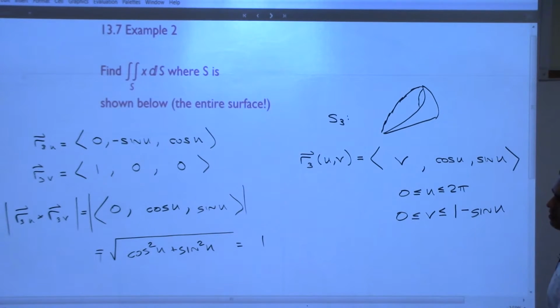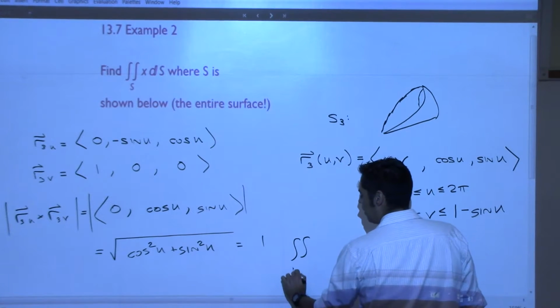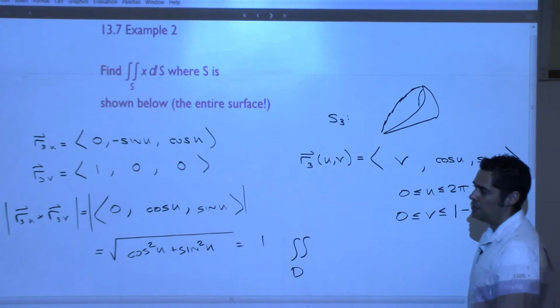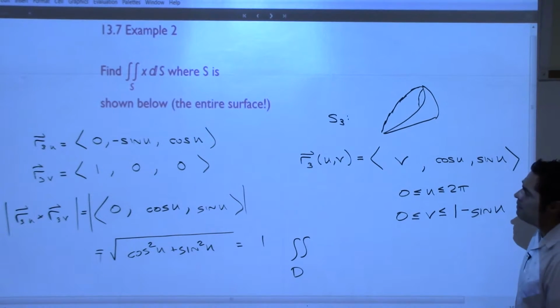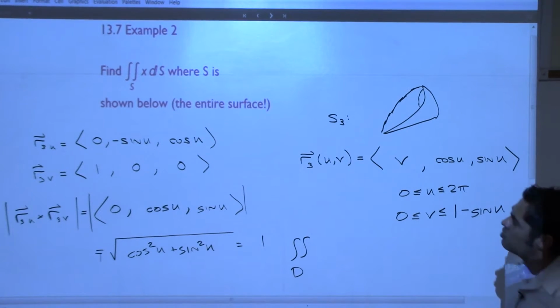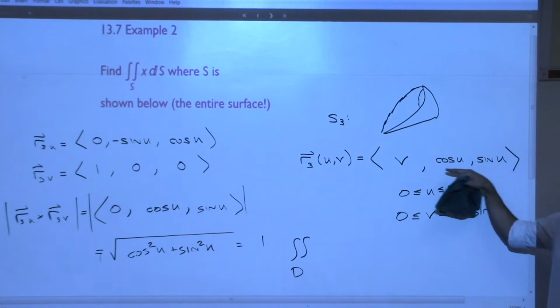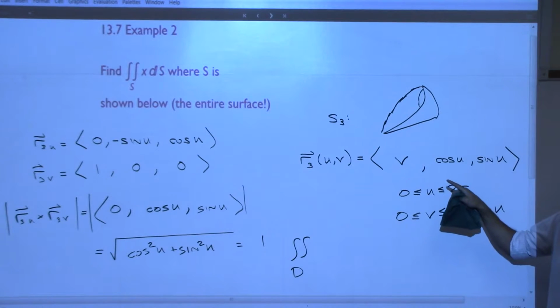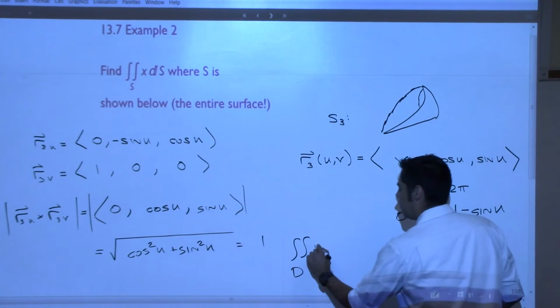So now let's set it all up. We have our double integral. We're going to be going over the region D, which is the restrictions on u and v. Our scalar function is x, so I need to plug in the surface equation. I need to replace the x with v, because that's the x component. So v.